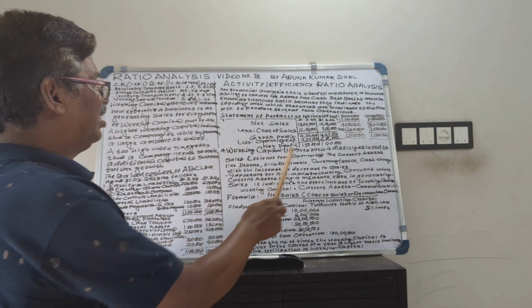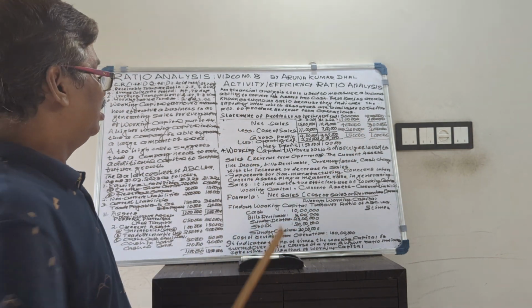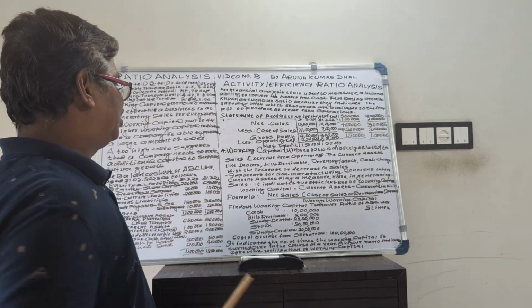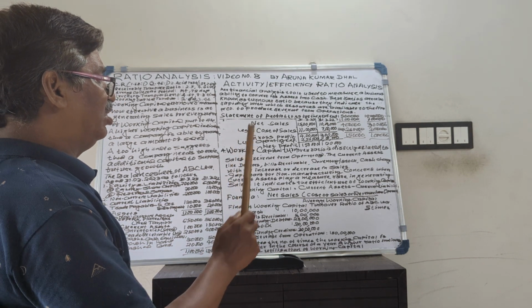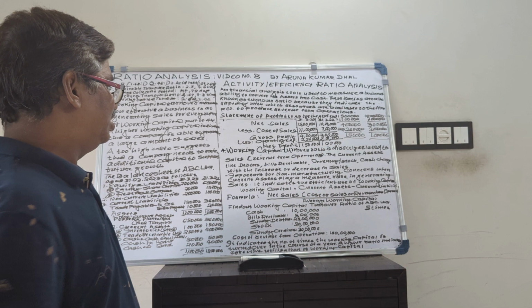So, working capital turnover ratio is directly related to sales. Sales means revenue from operations. The current assets like debtors, bills receivable, inventory or stock, cash change with the increase or decrease in sales.